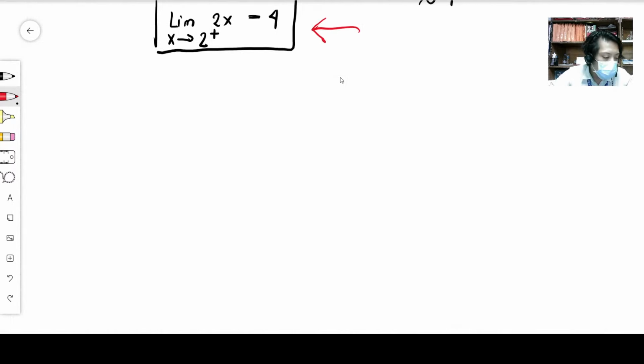Before we go to another example, let me reiterate this one.